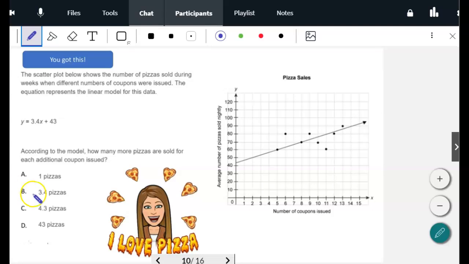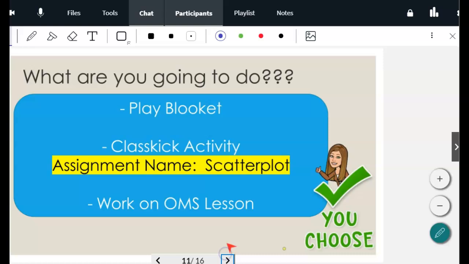So it's 3.4. If you just look, and it's just an approximation here, it went from here, this like 43, whatever, up to this one, less than 50. All right, so all it is is your slope, because it's the change.